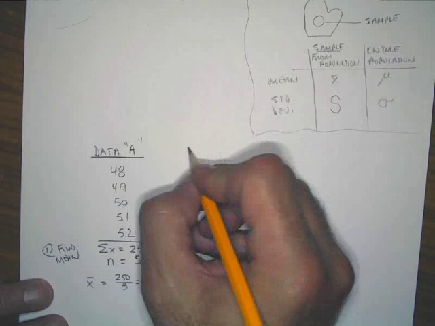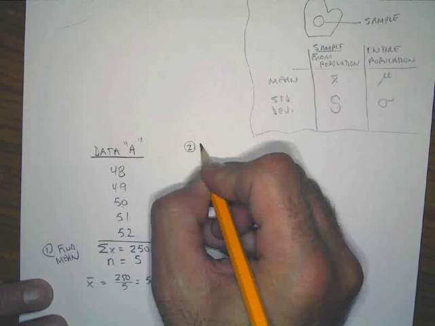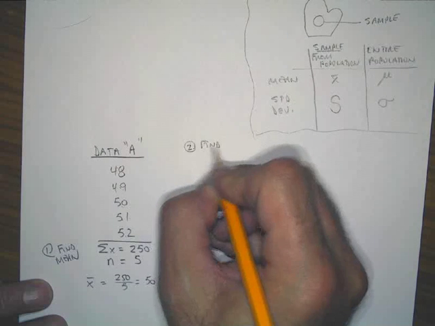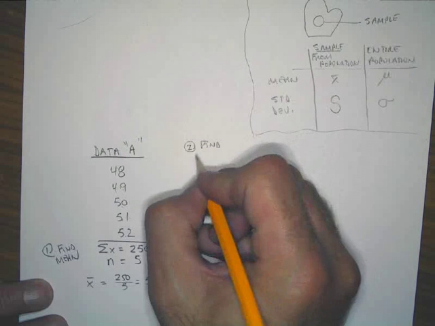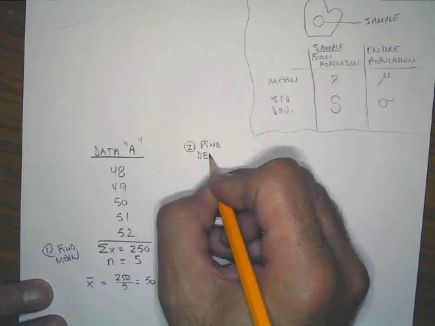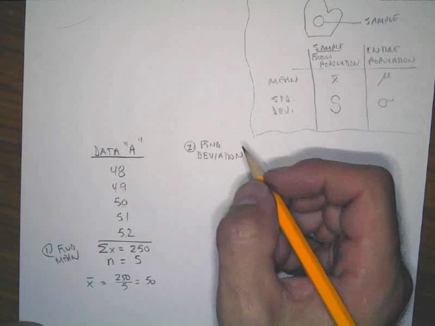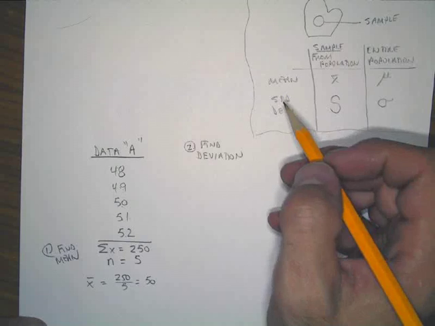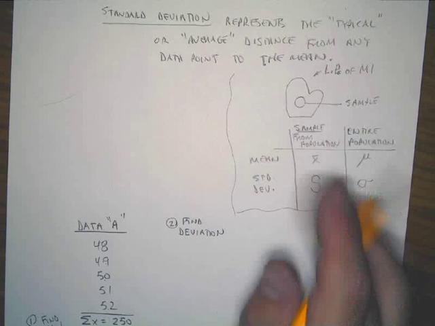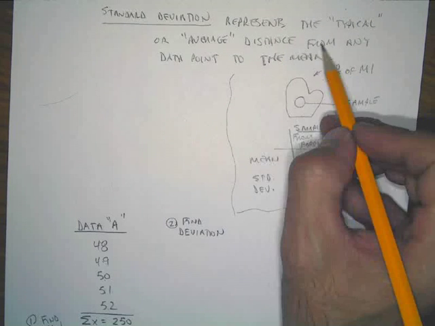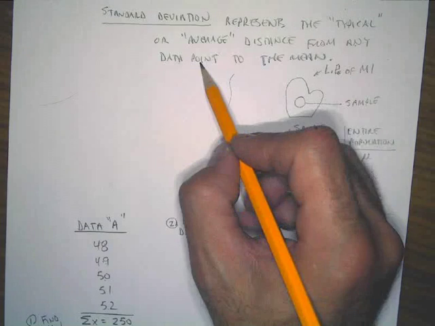Now the next thing that we have to do is we need to find the deviation. The deviation is the distance from any data point to the mean.